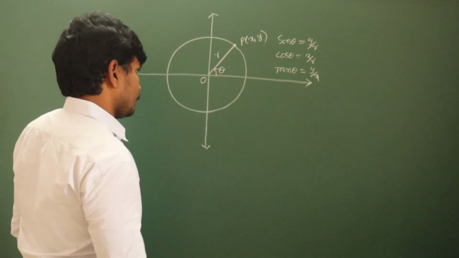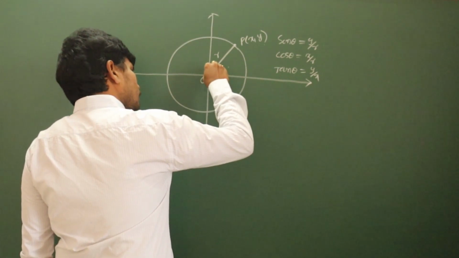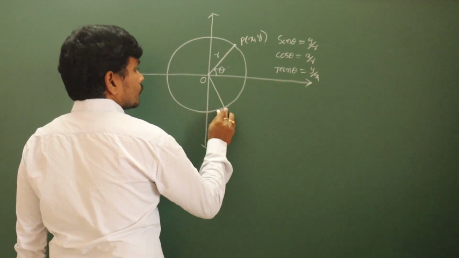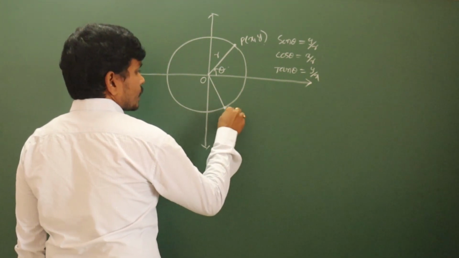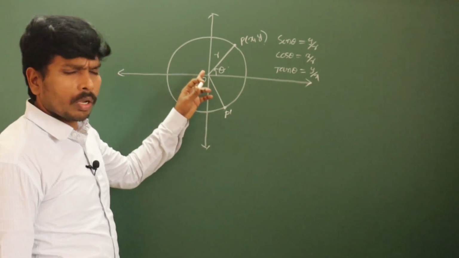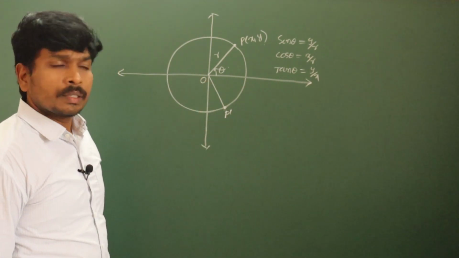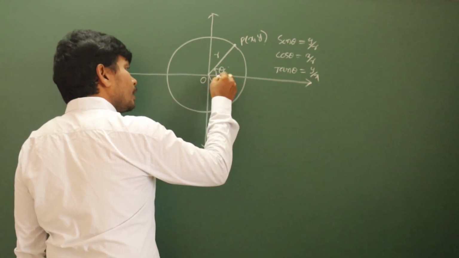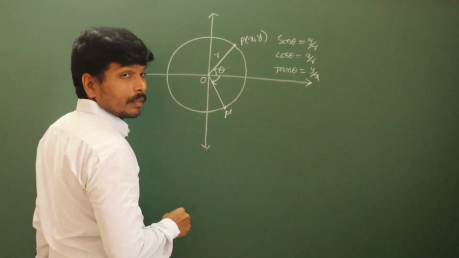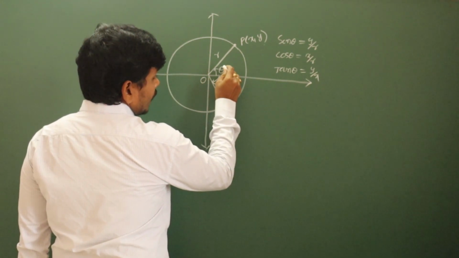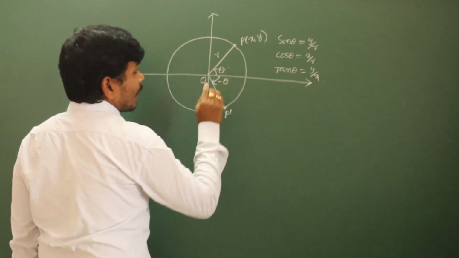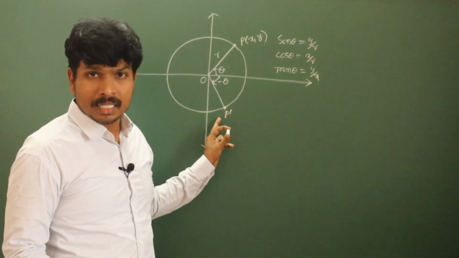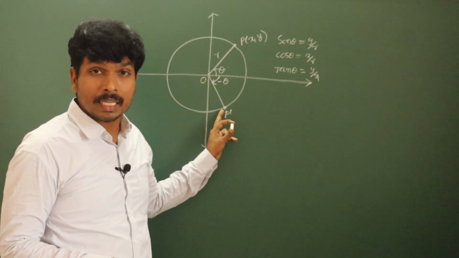Now draw a ray OP dash, or draw a line segment OP dash, which makes an angle in the clockwise direction having the same magnitude, denoted by minus theta. Okay, what I have done here: OP dash is the construction. OP dash line segment is a construction.